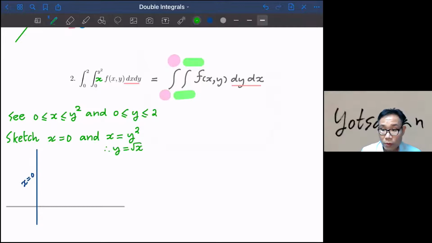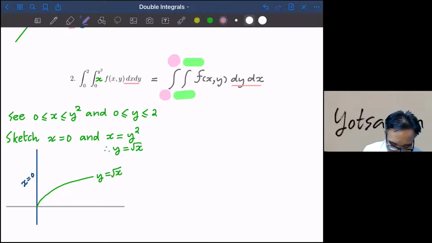So y equals root x turned out to be the parabola open to the right. It's going to be like this. So this one is y equals square root x. And you have x equals 0 and x equals y squared, and y between 0 and 2.